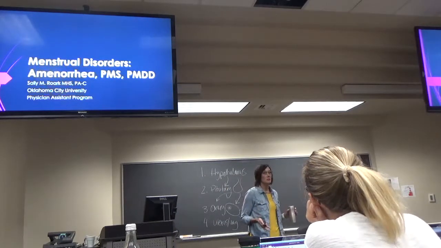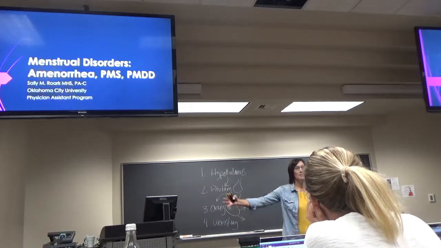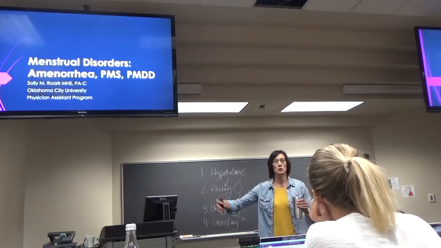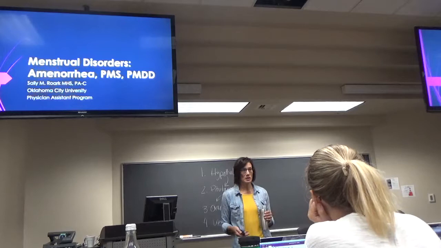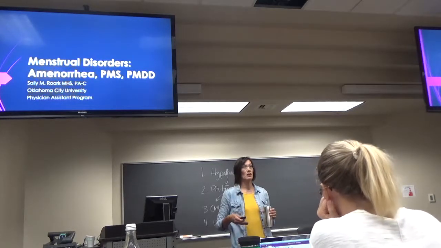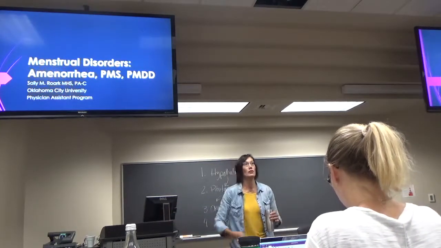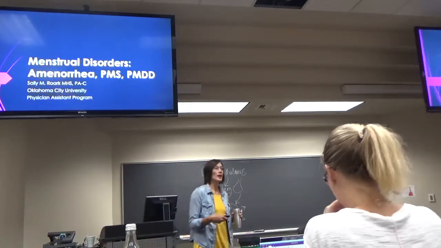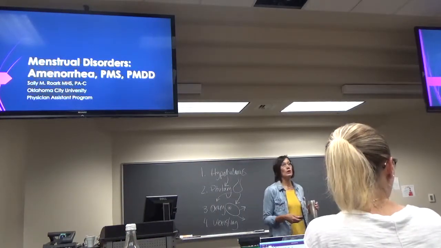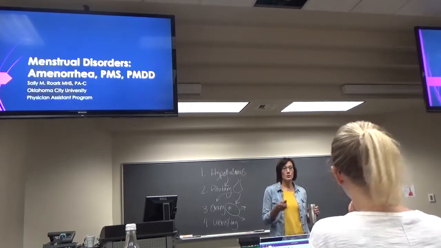The topic we're going to talk about today is the lengthening of the cycle and then eventual no cycle. Okay, so oligomenorrhea, periods that are longer, they take 35, 40, 60 days to happen, and then eventual amenorrhea. Question?